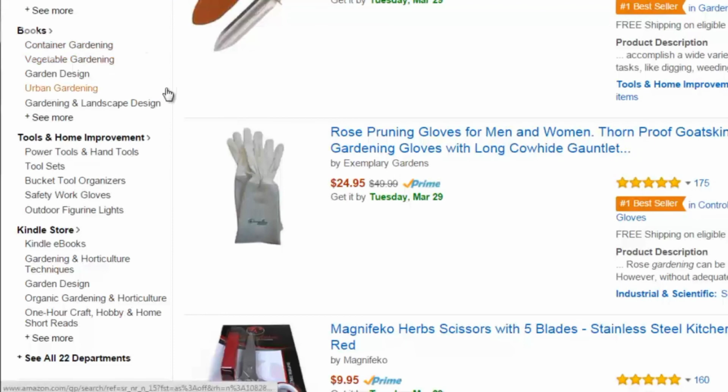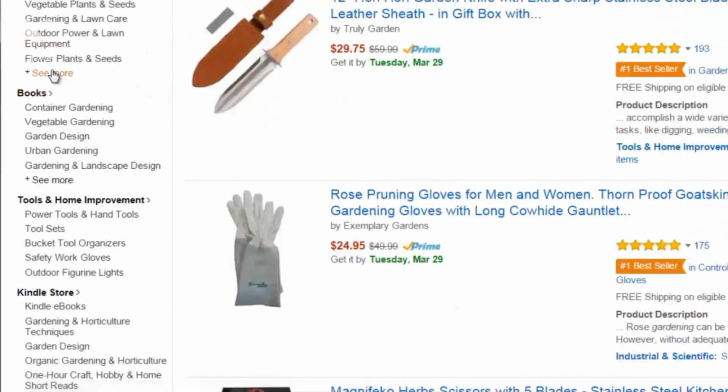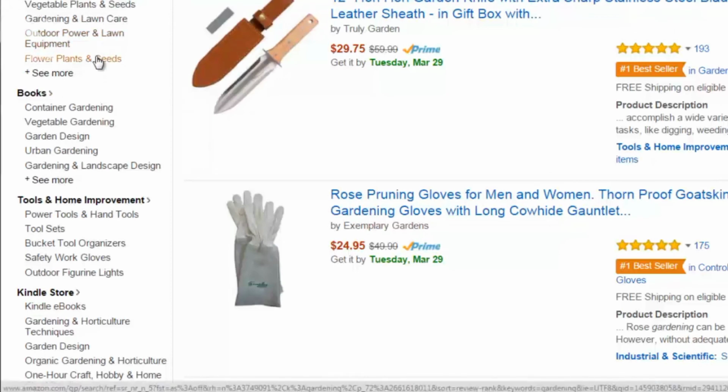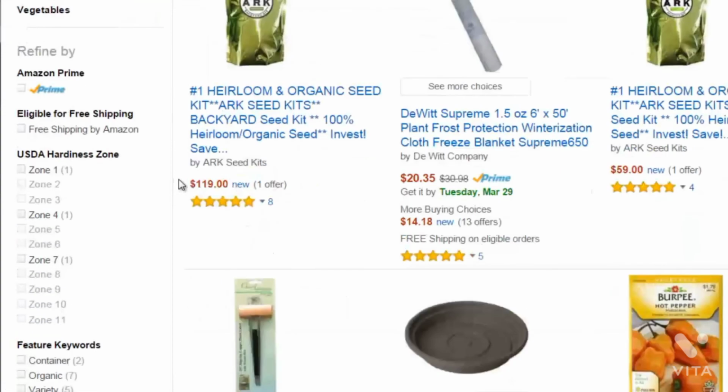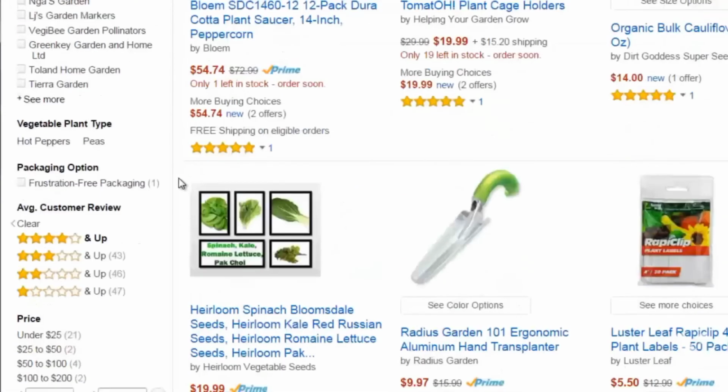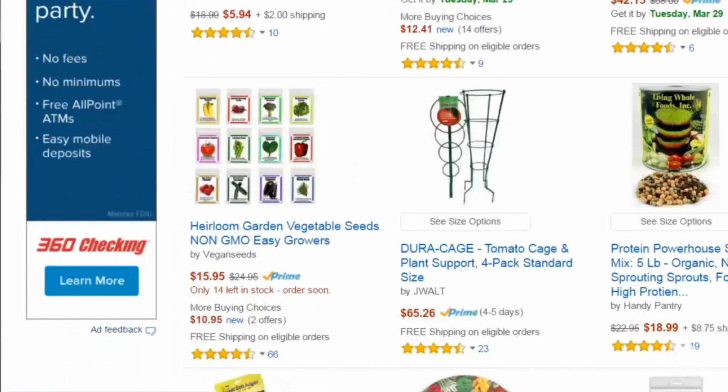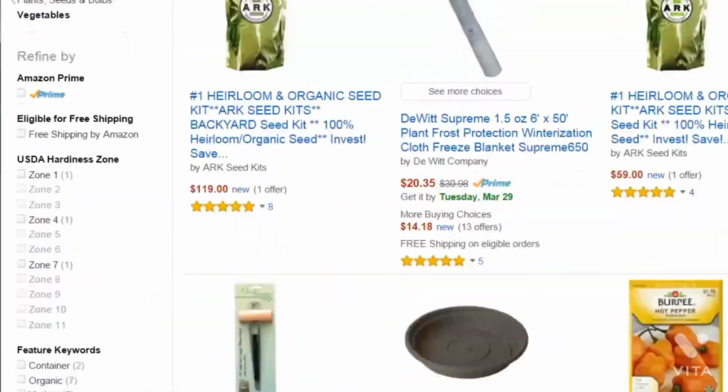And what I like about Amazon as well is they give you categories within the main category so that you can actually break things down and have a better view of what kind of different types of things are being sold. So we got vegetable, plants, and seeds. And if we do average customer review, this allows us to see what is being bought the most. So if we go down through here, we see a lot of seeds.